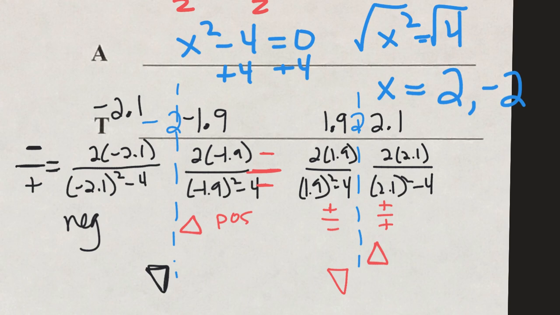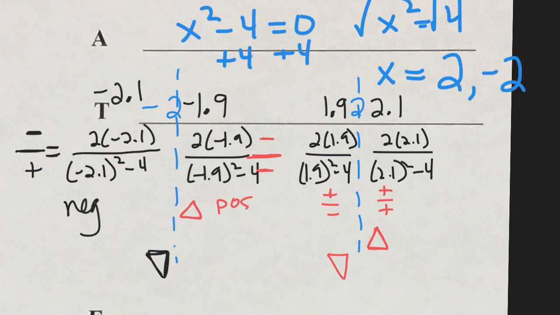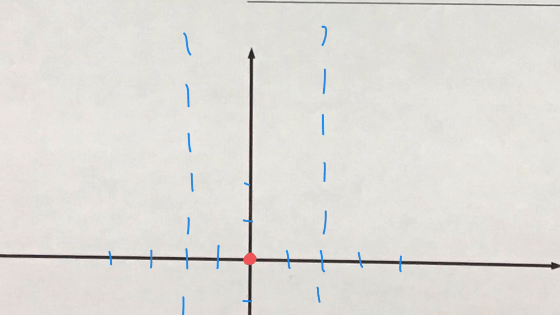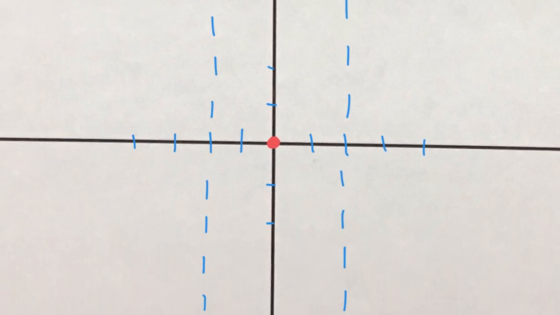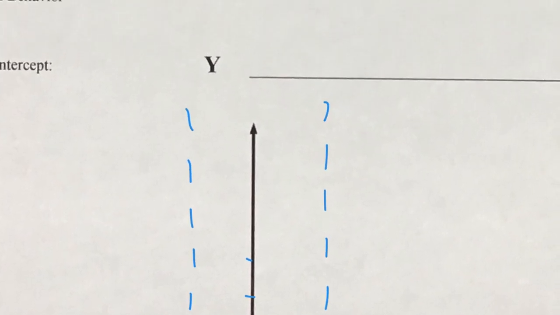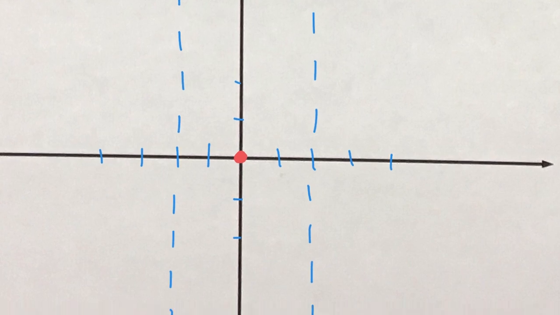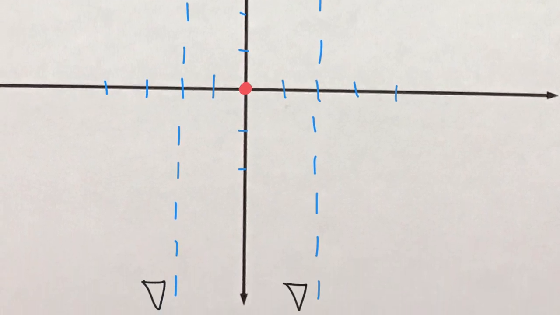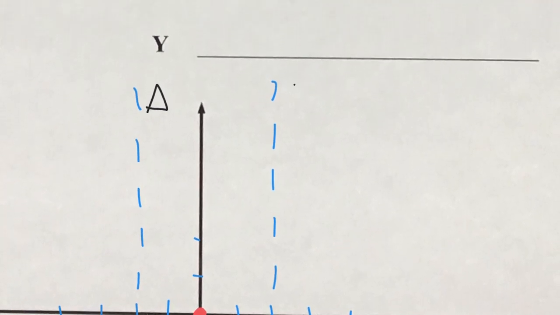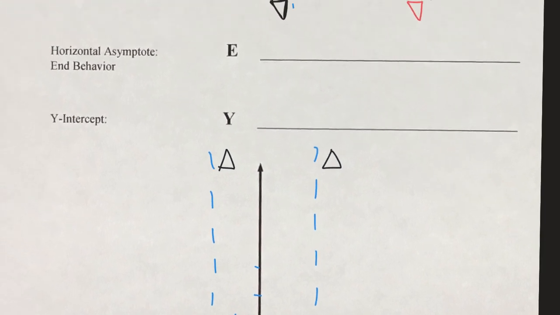So we get our signs. The sign to the left of negative 2 is negative. The sign to the right of negative 2 is positive. The sign to the left of positive 2 is negative, and the sign to the right of positive 2 is positive. So let's go down and put these onto our graphs.